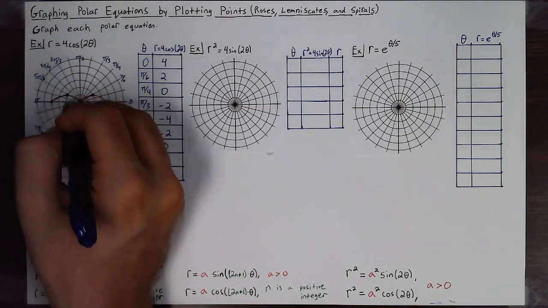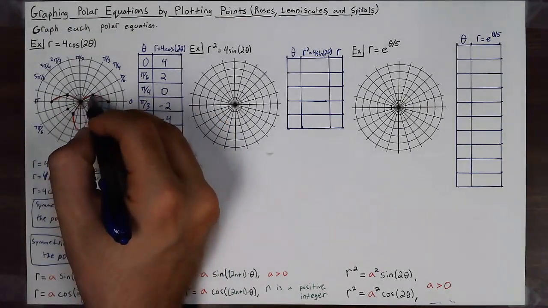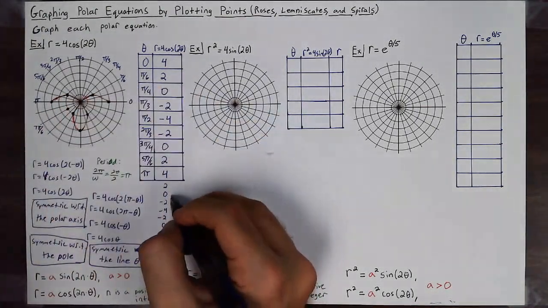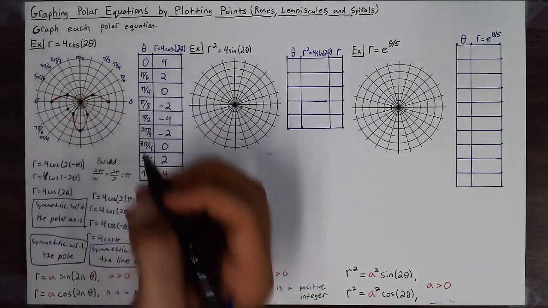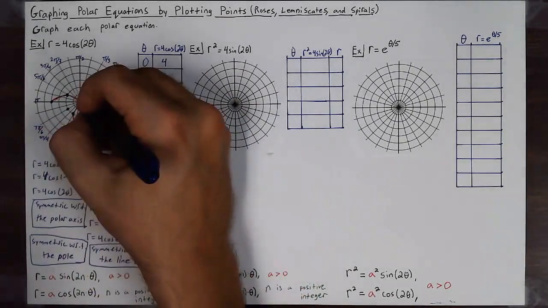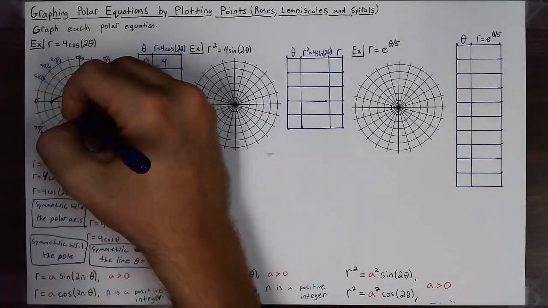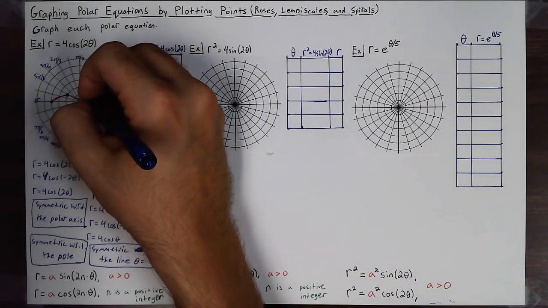You'll see that's reflected across the polar axis. Or you can think about the origin as well, straight across. Then it would be 0 at 5 pi over 4. And then it would be negative 2 at 4 pi over 3. So straight across, negative 2.